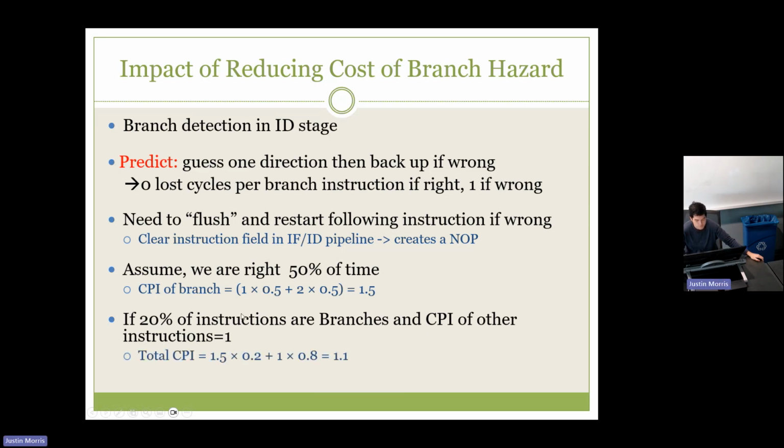Then we would say that our total CPI is just like before, I have this instruction type, which are branches that make up 20% of my instructions. And it's a CPI of 1.5, and all of my other instructions have a CPI of 1, they're 80%. Overall, for that program on that CPU, the CPI is 1.1.